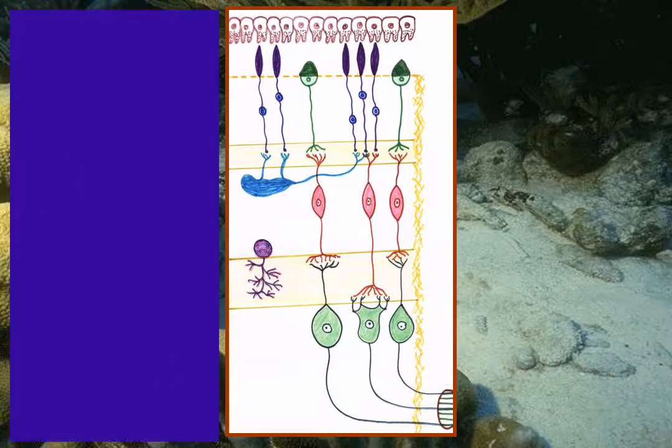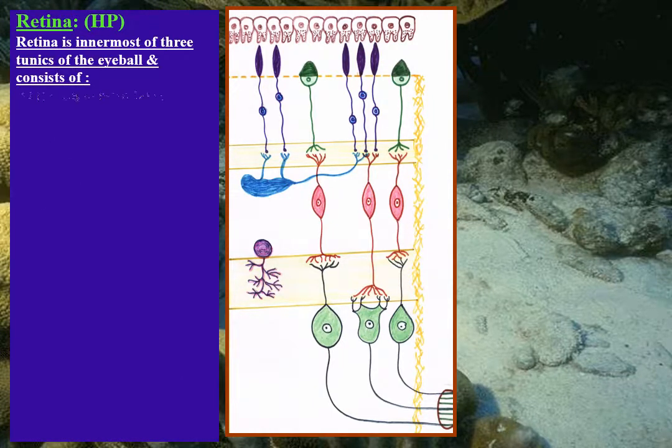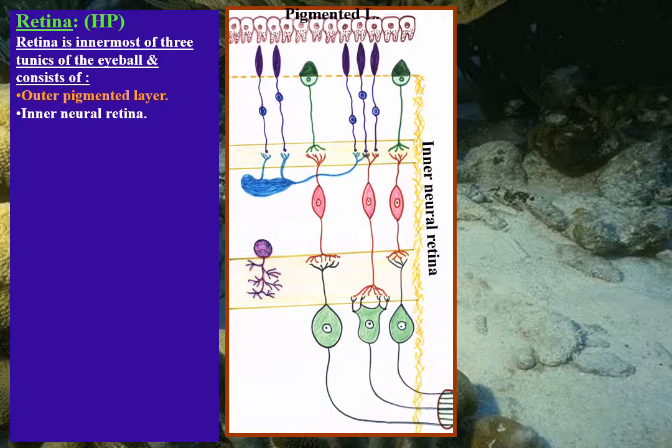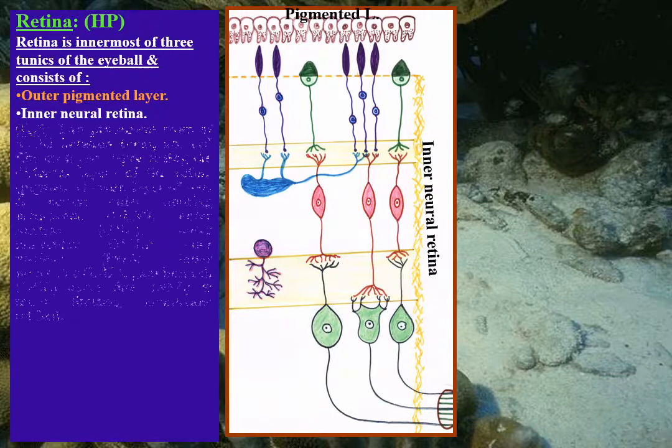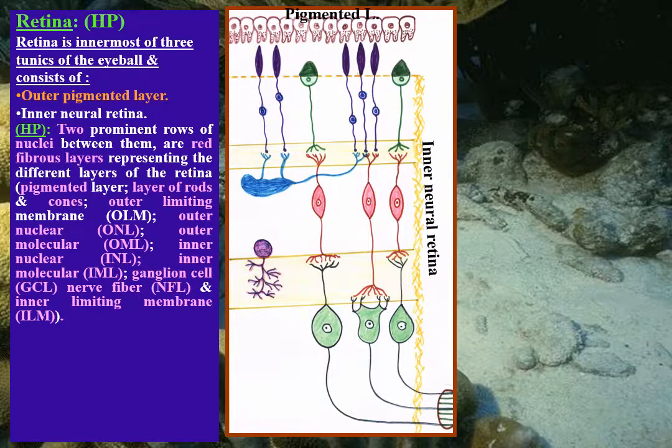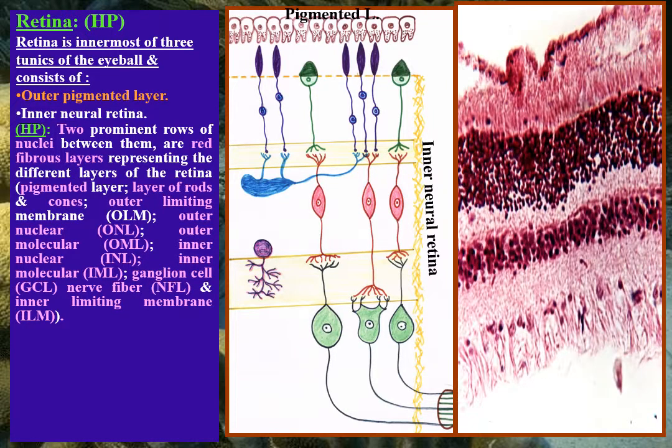Retina is the innermost of the 3 tunics of the eyeball and consists of outer pigmented layer and inner neural retina, or retina proper. Examined by high power, it shows 2 prominent rows of nuclei.